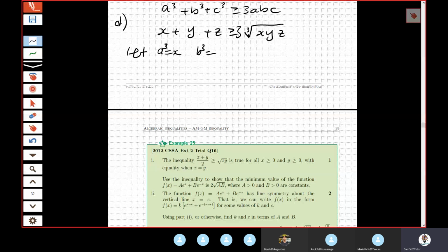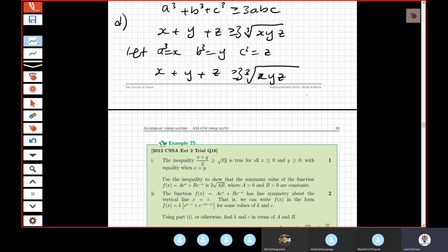Let b cubed equal to y. Let c cubed equal to z. Then we get x plus y plus z is greater than or equal to 3 cube root of x, y, z, because we know that a is the cube root of x, b is the cube root of y, and c is the cube root of z.